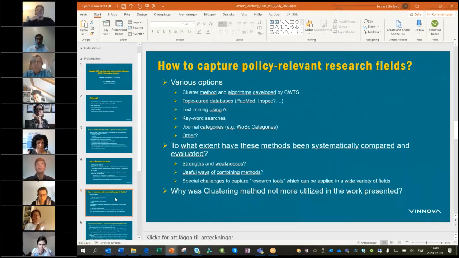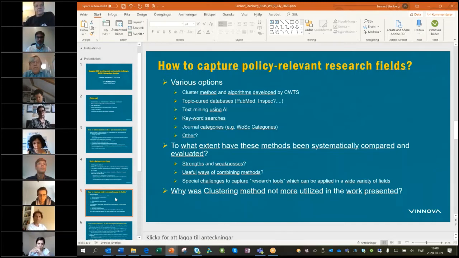Journal categories, even keyword searches, left a lot to be desired. So the cluster method has been quite important for me. But now there are also, for certain fields, especially the medical field, topic databases in which people have classified articles, and now maybe some new means, which were referred to a bit in some of the presentations: text mining.